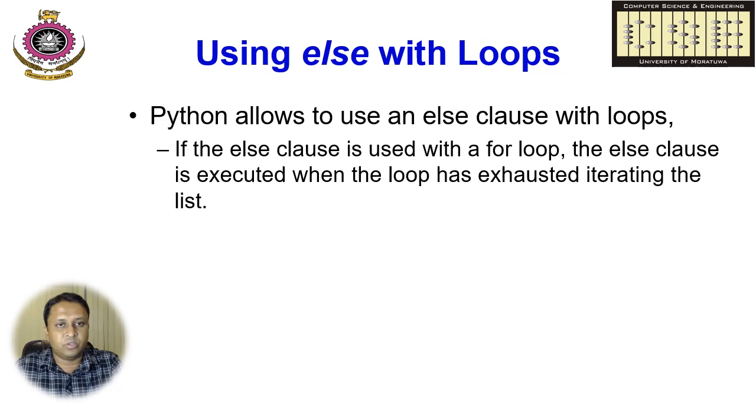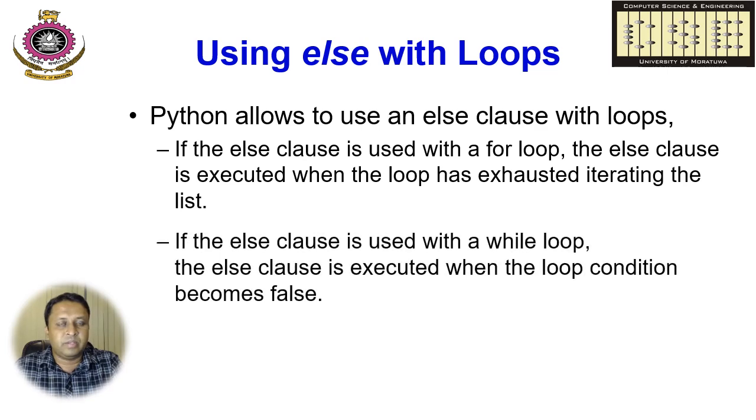So basically, the for loop has to finish, and then execution has to come out of the for loop. When that happens, the else clause will be executed. When it is applied to a while loop, the else clause is executed when the loop condition becomes false.